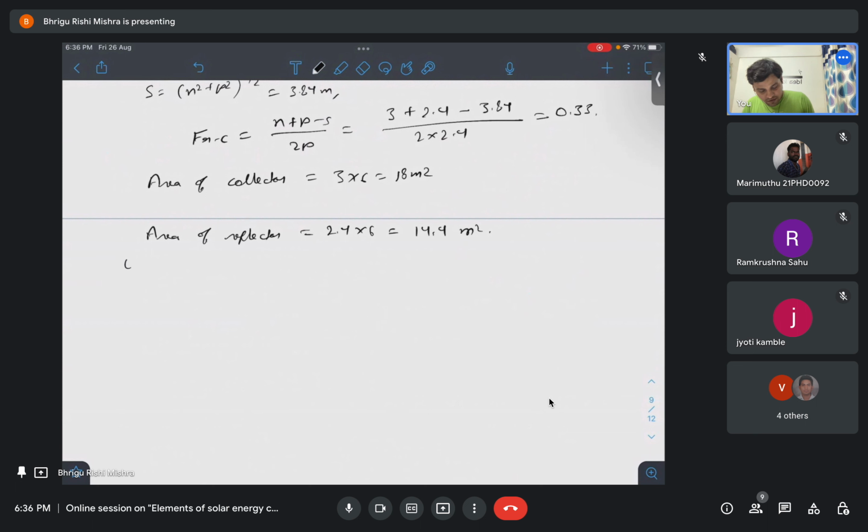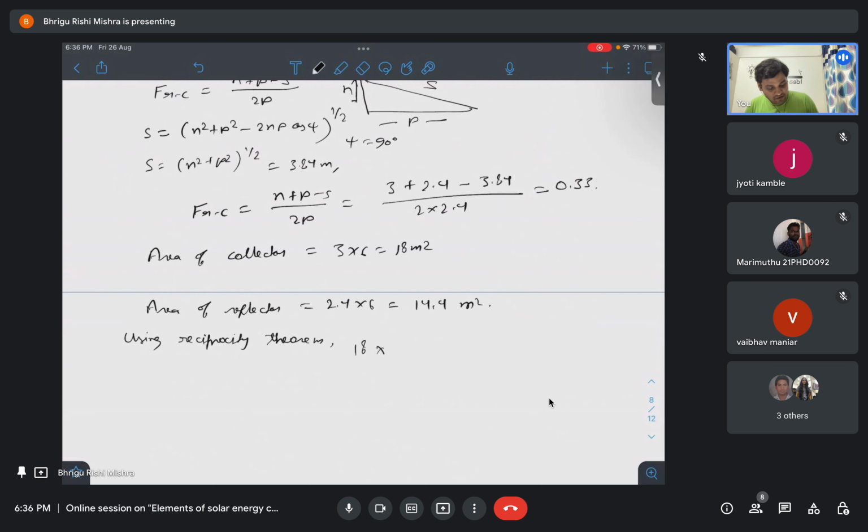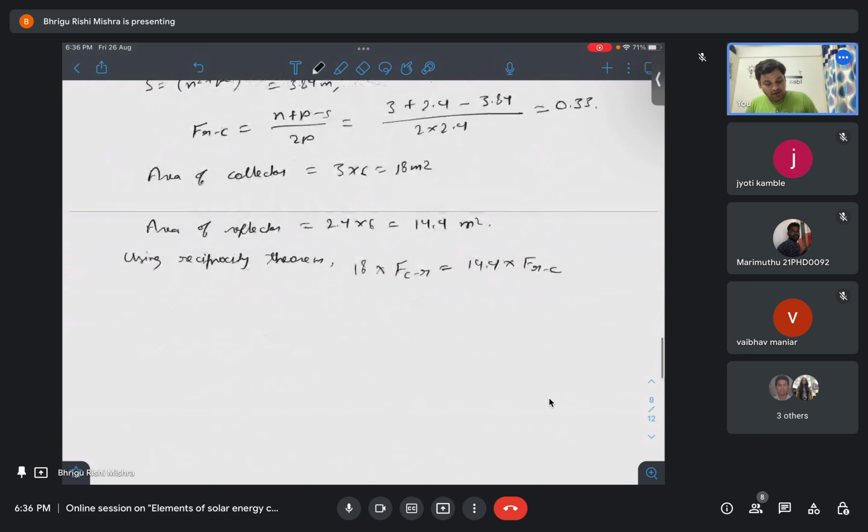So using the reciprocity theorem, we can say that area of collector, that means 18, into view factor from collector to reflector, FCR, equals area of reflector into view factor from reflector to collector.